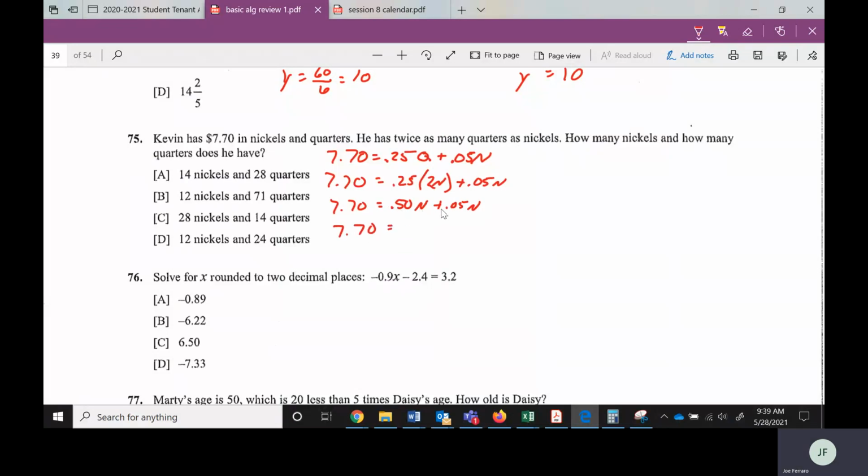So 0.50n plus 0.05n means 0.55n. Okay, now to solve, you divide by 0.55, and we get n equals 14.